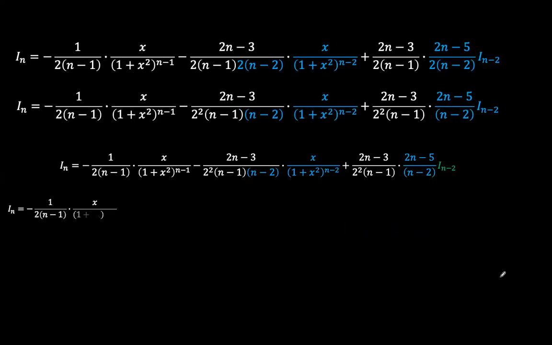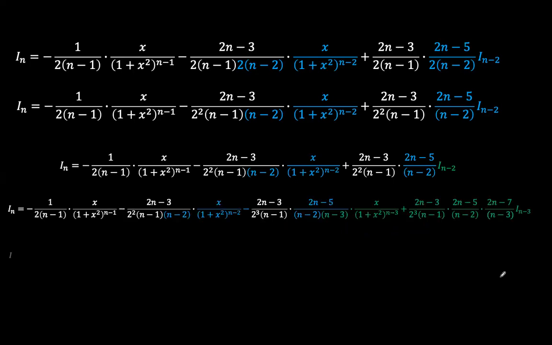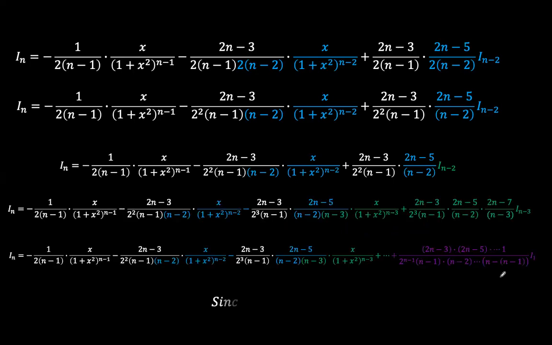we just keep going and going, and you realize that we can now go like that because in the numerator we have 1 over 2 times n minus 1 times x over 1 plus x squared to the power n minus 1 minus 2n minus 3 over 2 squared times n minus 1 times n minus 2 times x over 1 plus x squared to the power n minus 2. So as you can see, the denominators here, the multiplication continues.